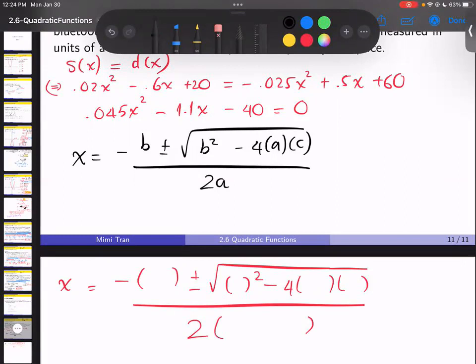If you want to be careful, you can do this. a is 0.045, b is negative 1.1, c is negative 40.